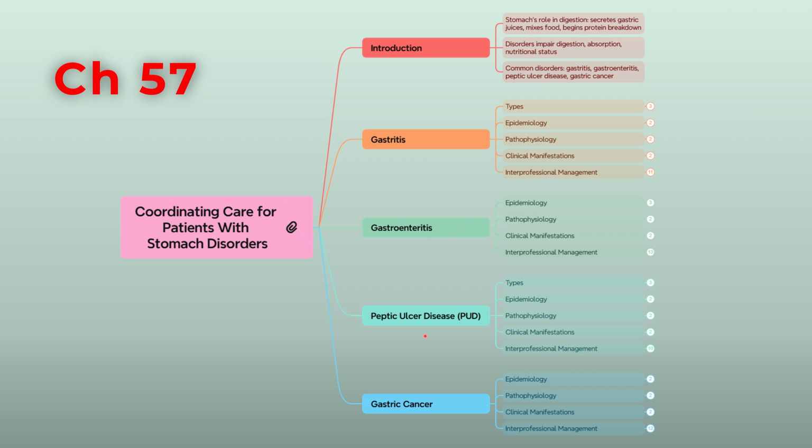Peptic ulcer disease: the distinct differences between duodenal ulcer, pain relieved by eating, and gastric ulcer, pain worsened by eating. Gastric cancer: risk factors like smoked food and identifying vague early symptoms. Pharmacology: mechanism of action for PPIs like omeprazole, the H2 blockers, and mucosal barriers like sucralfate.